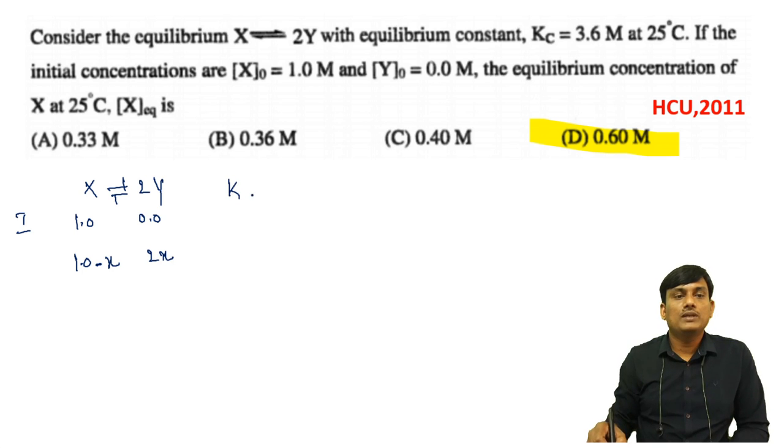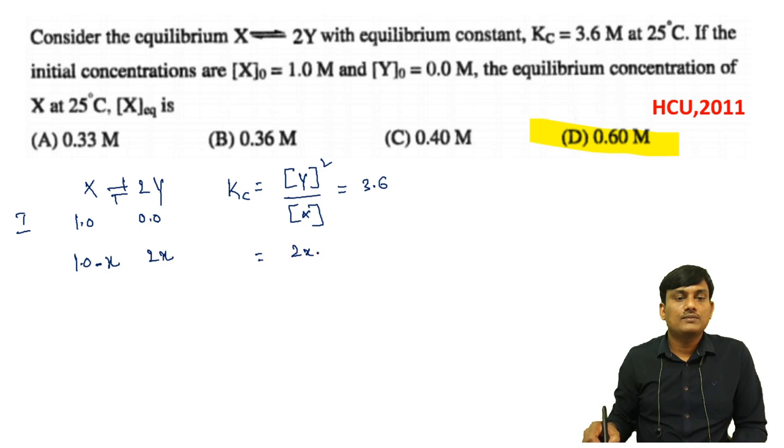So Kc is equal to the concentration of Y square by the concentration of X, equal to 3.6. The concentration of Y is 2x, so (2x) square by (1 minus x) is equal to 3.6.